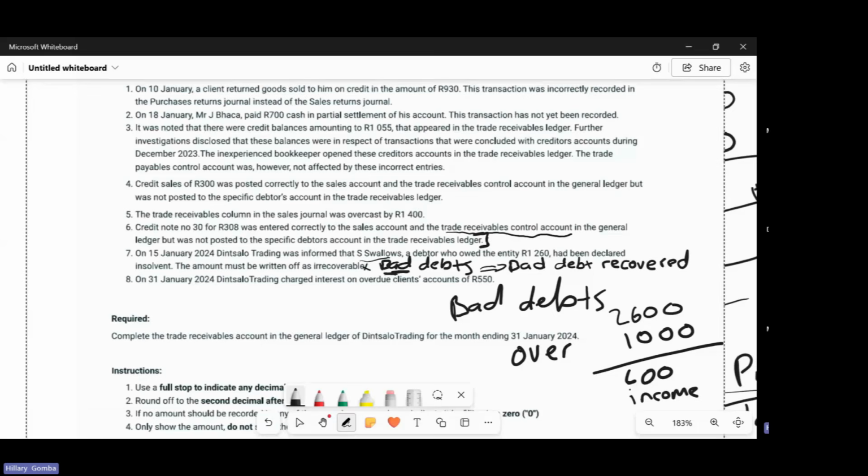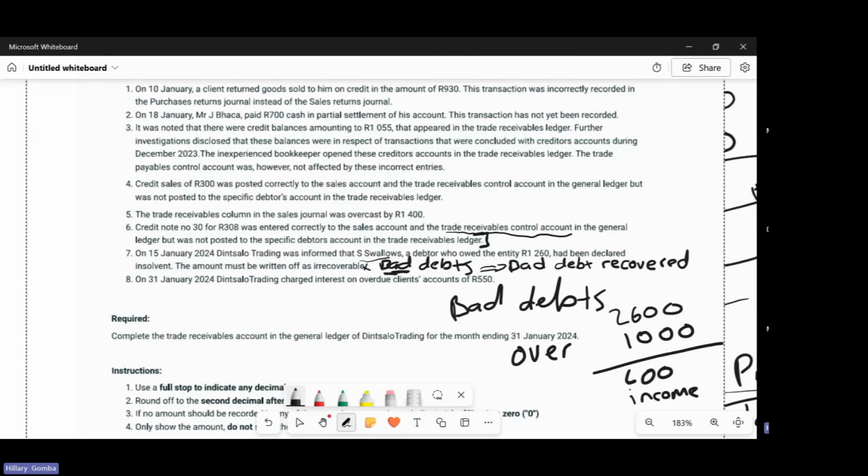If they were owing us 500 Rand and the interest that we're charging them is 50 Rand, we will say on their account interest income charged for paying late, which means that instead of owing us 500, they now owe us 550. And then we need to come to our trade receivables control account and record that interest income charge that we did on that client.